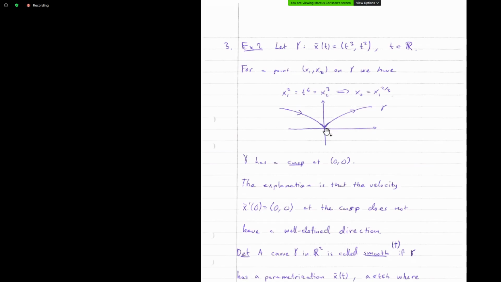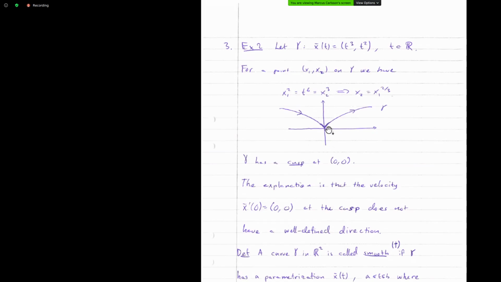So I was just telling you we can always compute the derivative or the velocity, but here we cannot. There is no vector I can put tangent here. So this is something we have to be careful about. Points like this are called cusps.